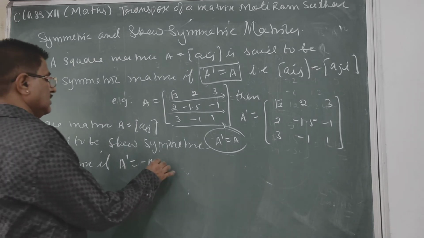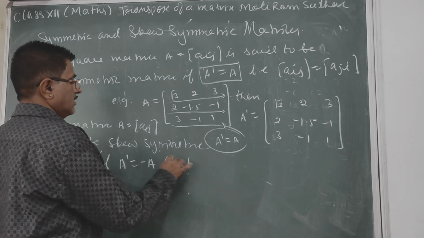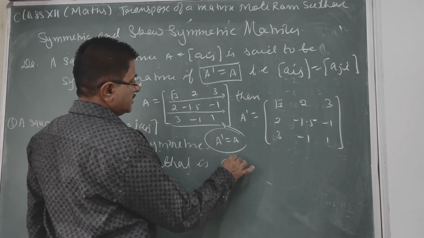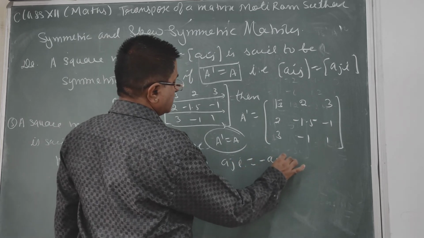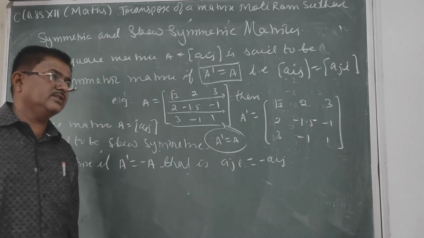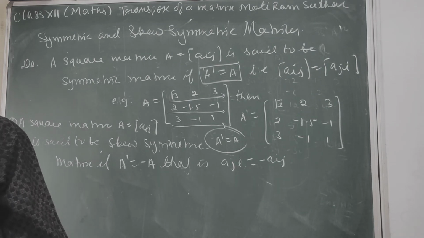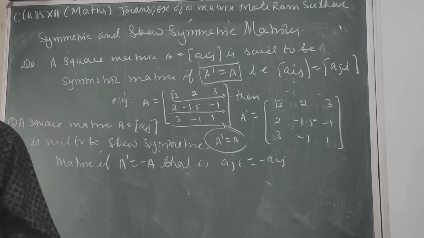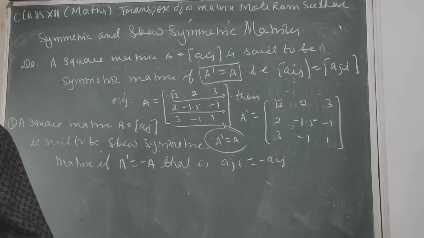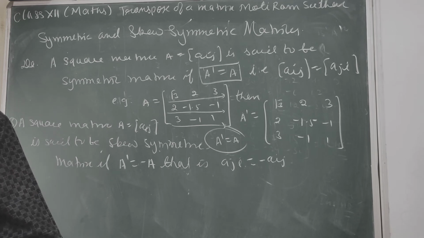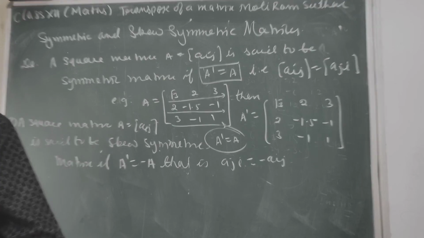That is Aji equal to minus Aij. When you change the order, the sign of the corresponding element also changes. Only the sign changes. Clear? For all possible values of i and j.